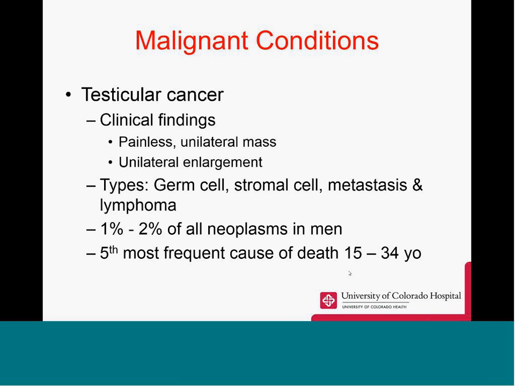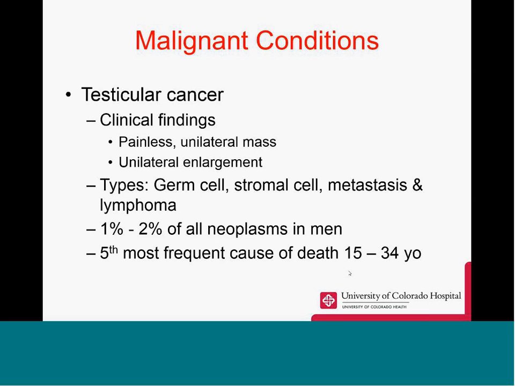Testicular cancer is the 5th most common cause of death in men from 15 to 35 years old. Approximately 65 to 94% of patients with testicular neoplasms present with painless unilateral masses or a diffuse testicular enlargement, and about 4 to 14% present with symptoms of metastatic disease.